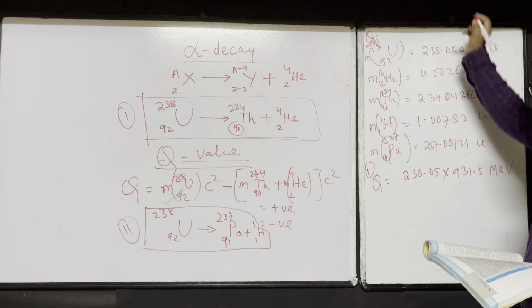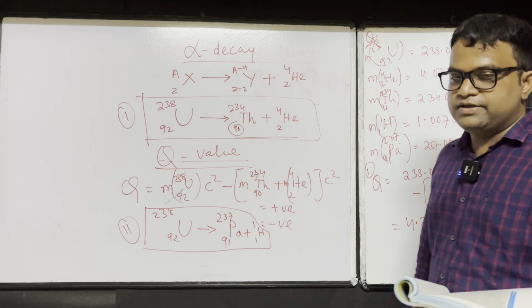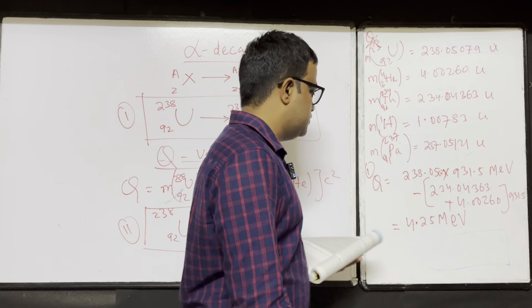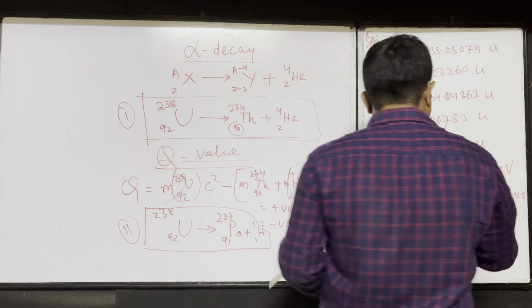If you add this and subtract from here, the number you will get, I am directly writing, you can use a calculator or multiply by hand and check, will come as 4.25 MeV, M is mega, 10 to the power 6 eV, electron volt. So this Q value will come as a positive number.